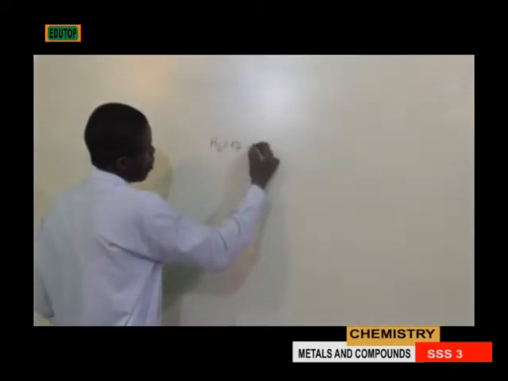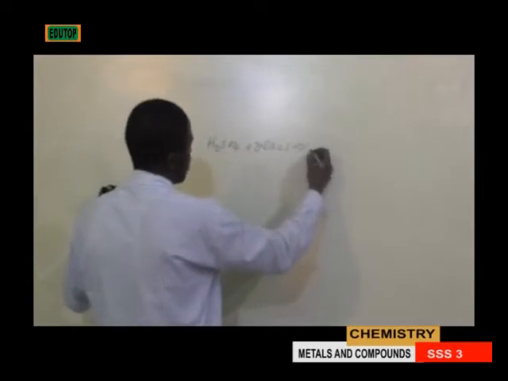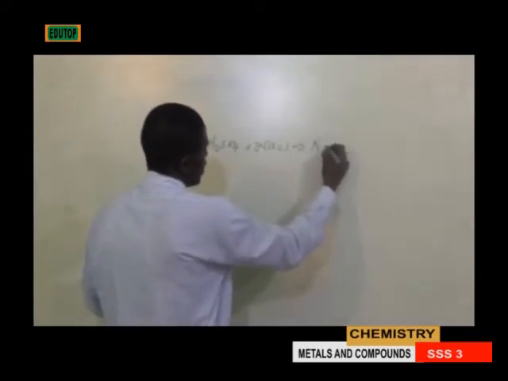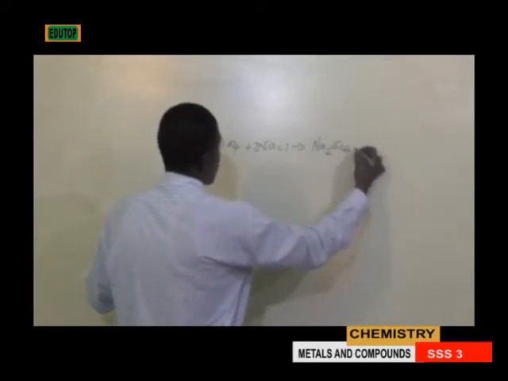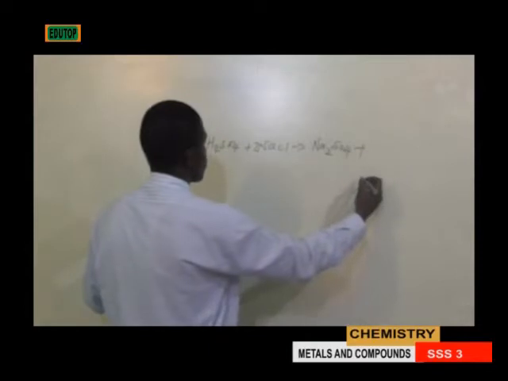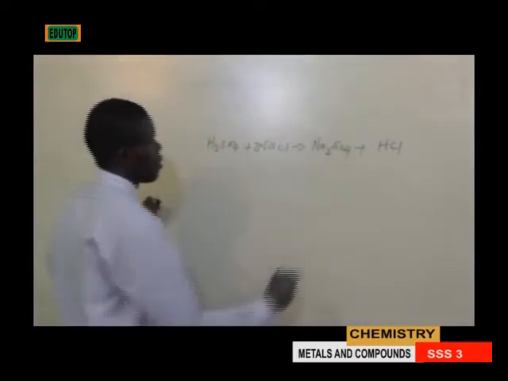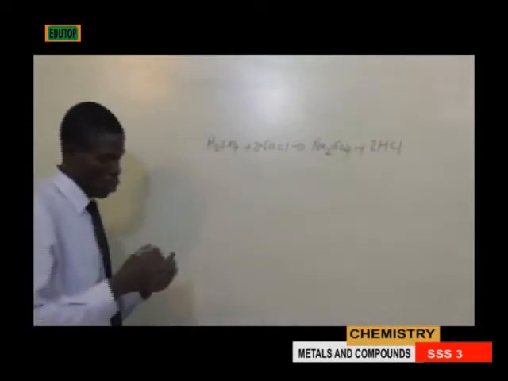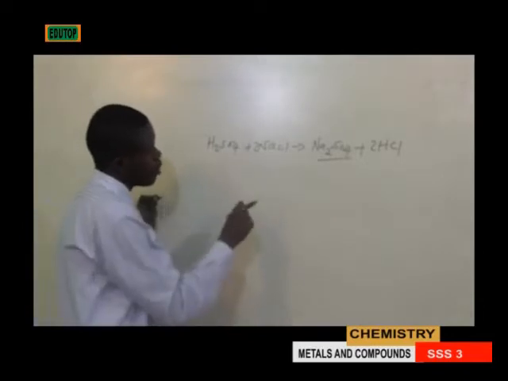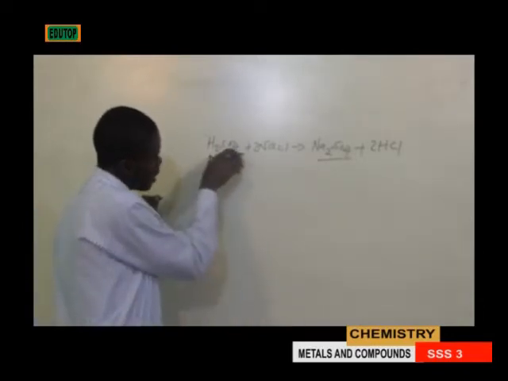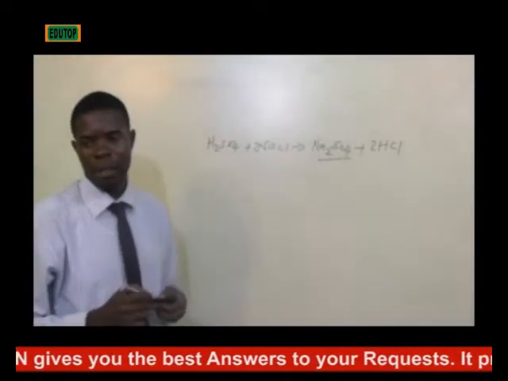H2SO4 plus sodium chloride gives Na2SO4 plus HCl. So this salt is our salt of interest, which is produced or prepared by a reaction of tetraoxosulfate 6 acid on sodium chloride.